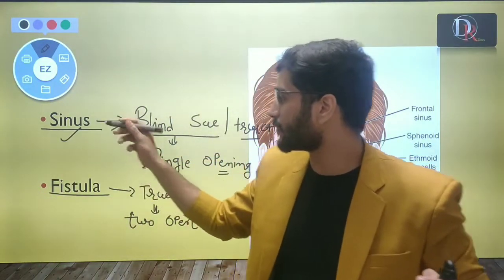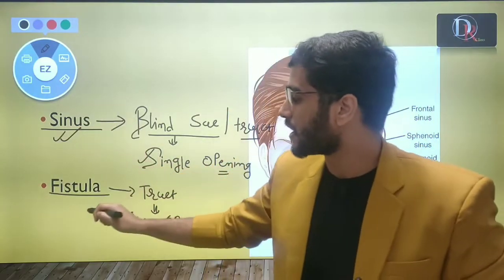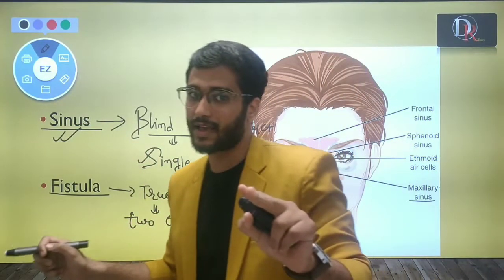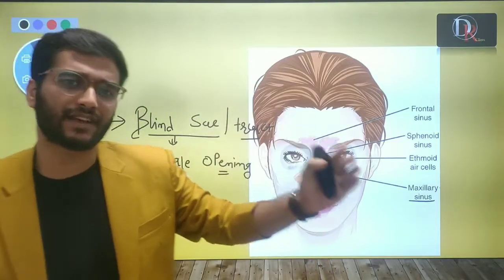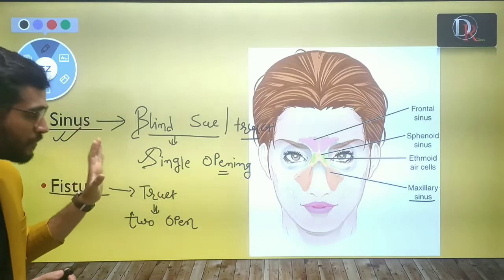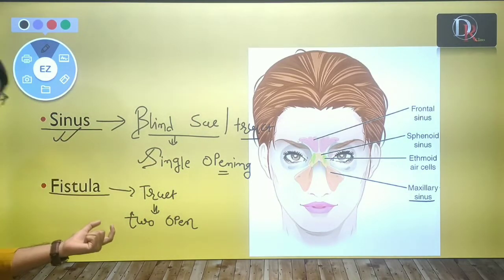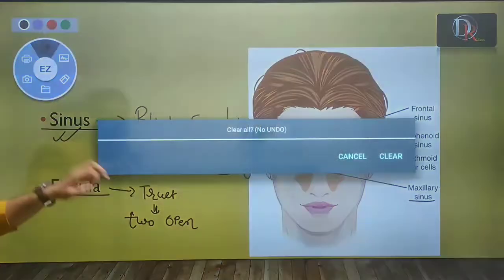Here an entry point is present but there is no exit, so that is a sinus. But if there are two openings, one is the entry and the second is the exit. This is for understanding only. A tract with a single opening is known as a sinus, and a tract with two openings is known as a fistula.